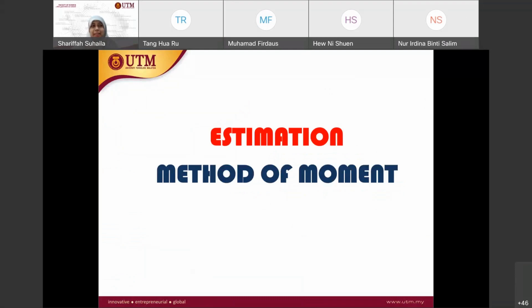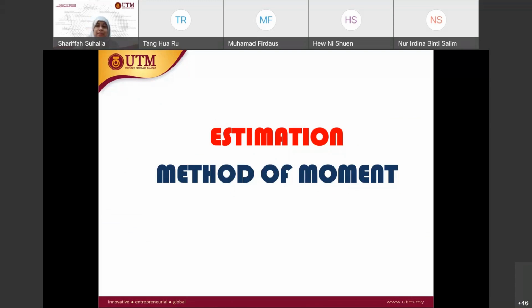But again, if you want to estimate something, your choice is whether you want to use MLE or method of moment. Sometimes it depends on the distribution. Normally when we have an extreme value distribution, or extreme value density function, we use method of moment.